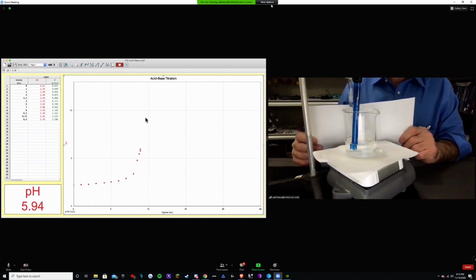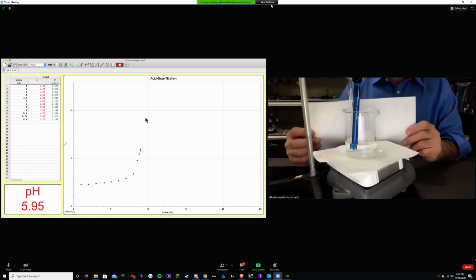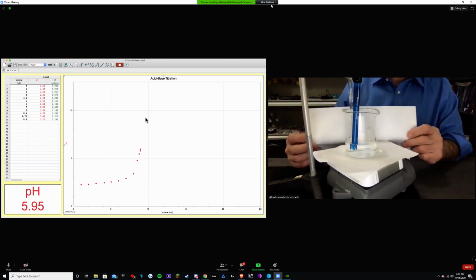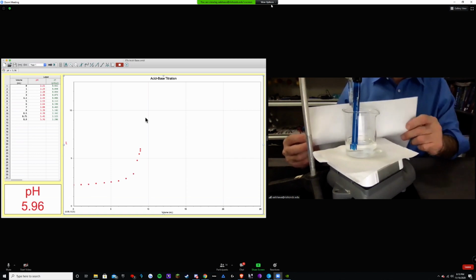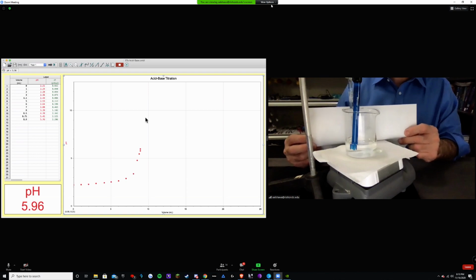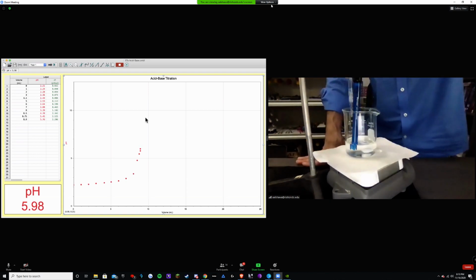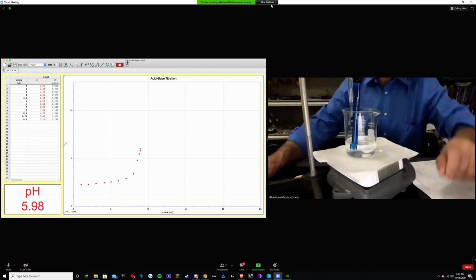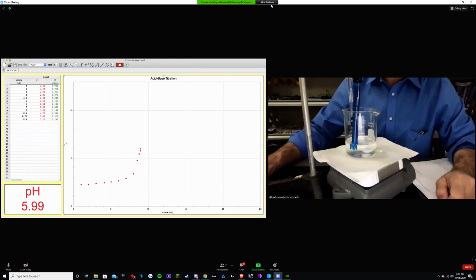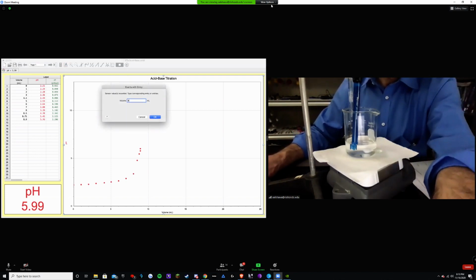Only then will it be considered as the endpoint. Not there yet. I see that color stays maybe for 4 or 5 seconds, but it disappears. Let me record that number. So I see 9. I'm going to record that number as 9. So keep that volume as 9. So this is 9.0.